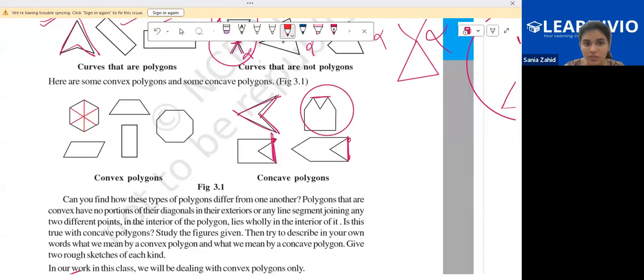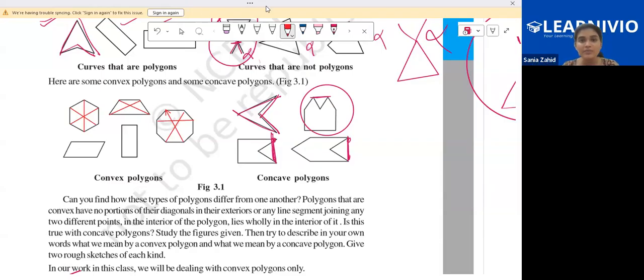When you again join these two, it's internal. So it's convex. Again, when you join this point and this point, it's internal. This point and this point, it's convex. So any point when you join, it will lie internal to the figure only. So those polygons will be called convex polygons.